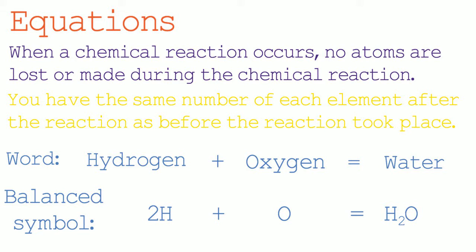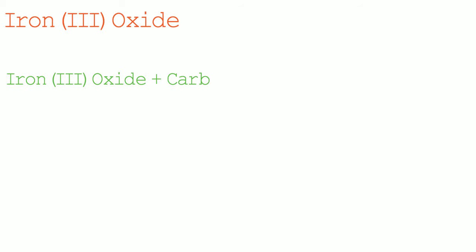So let's have an example of an equation that is currently unbalanced, and then we're going to make it balance together. The equation that we're going to use is iron oxide, and we're going to extract it by reduction using carbon. The word equation for this reaction is iron oxide plus carbon then becomes iron and carbon dioxide.